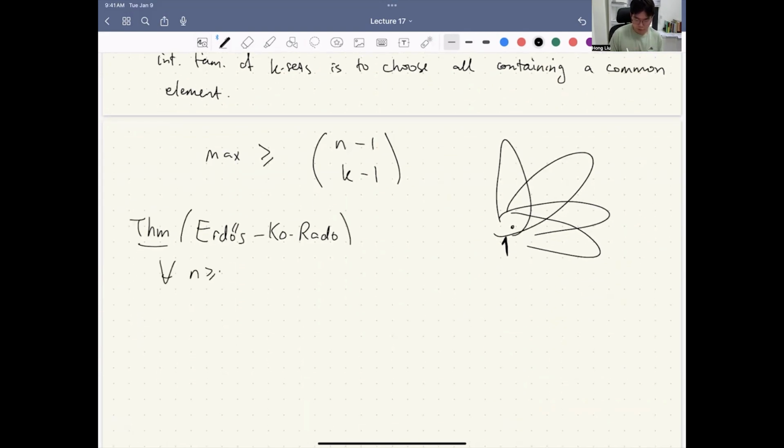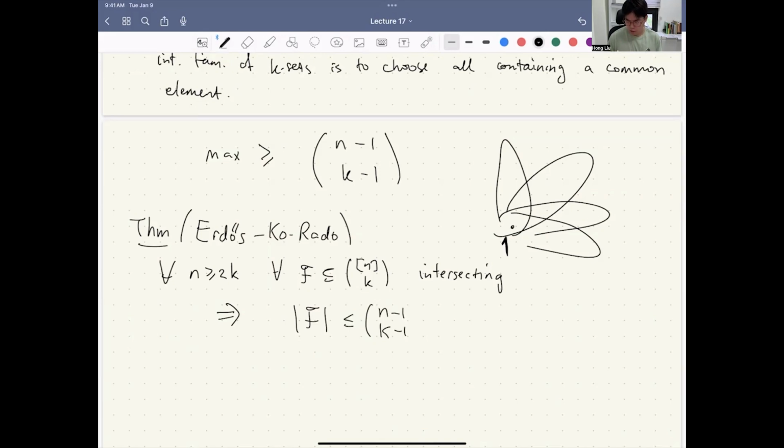For any n greater than 2k, and for any F which is a k-uniform intersecting family, then the size of F is at most this lower bound that we constructed above on the maximum size. That's the best we can do.